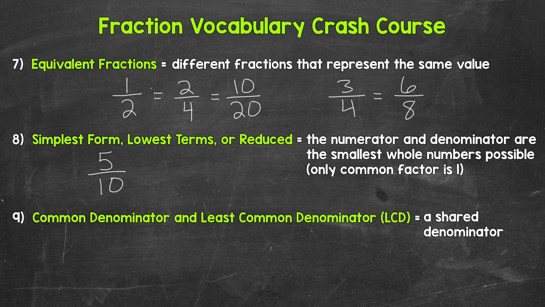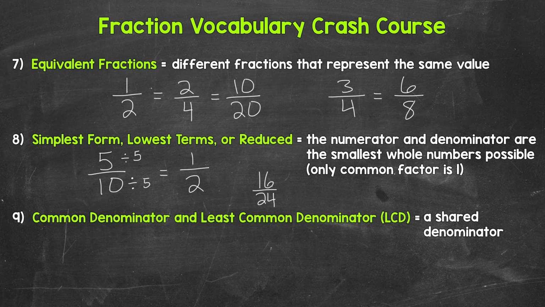We can simplify this fraction by dividing the numerator and denominator by the common factor of 5, meaning we need to divide 5 by 5 and 10 by 5. 5 divided by 5 is 1, and 10 divided by 5 is 2. The only common factor between 1 and 2 is 1. So this is now in simplest form. Another example, let me squeeze it in down here.